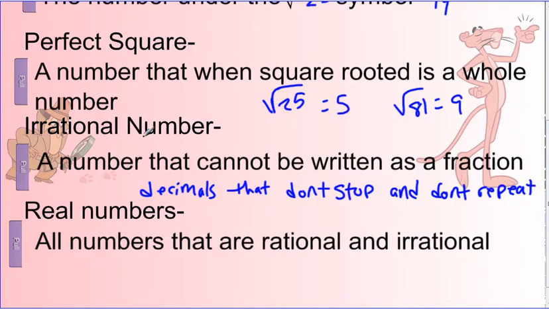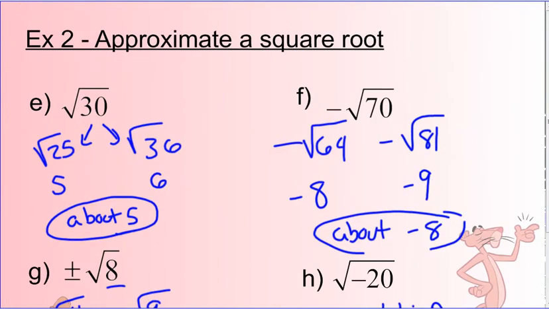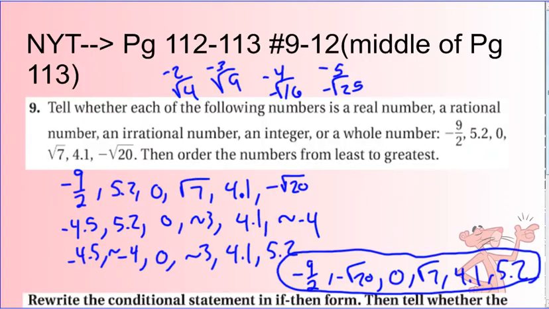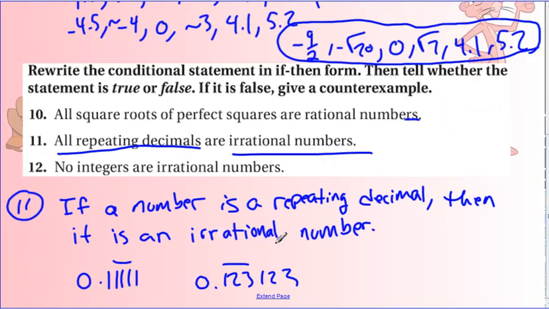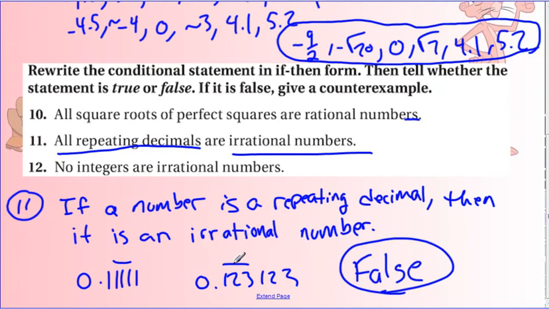An irrational number is a decimal that does not stop and does not repeat. Meaning, if you have a repeating decimal, it is not irrational. So repeating decimals, then it's rational? No. This is false. Irrational numbers cannot have a repeating pattern.